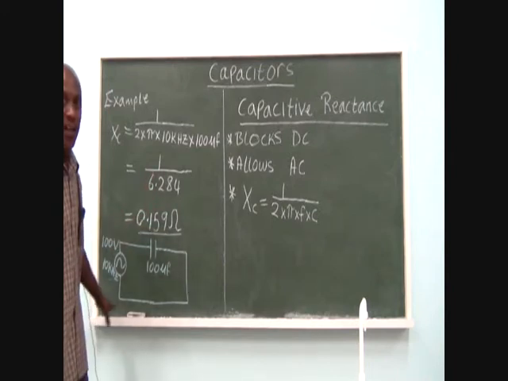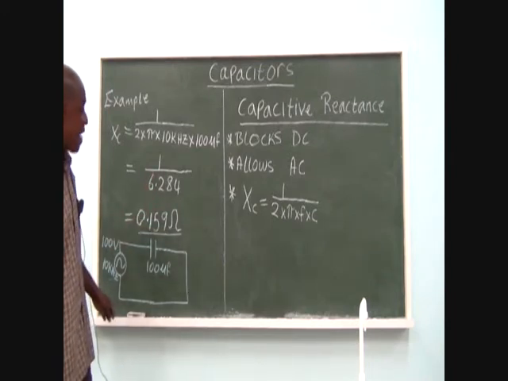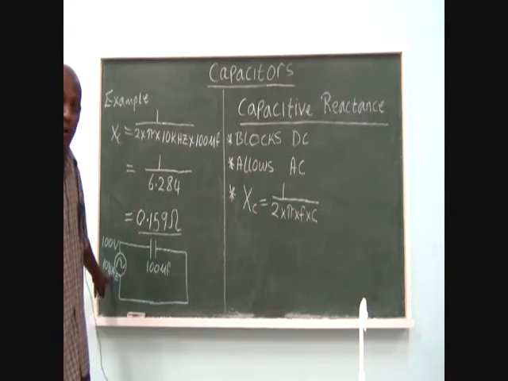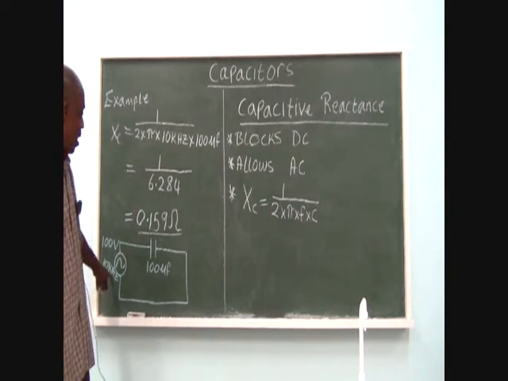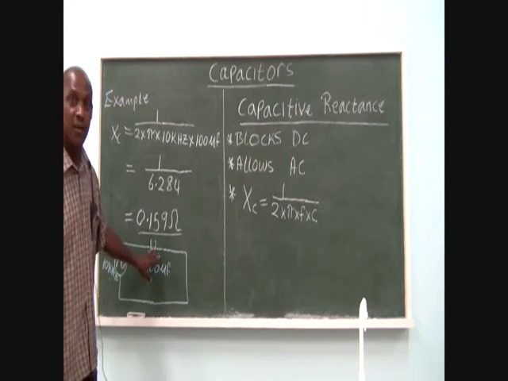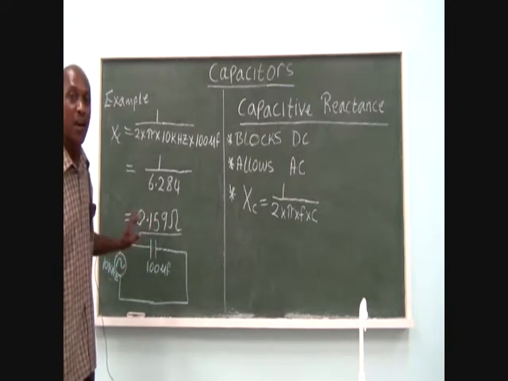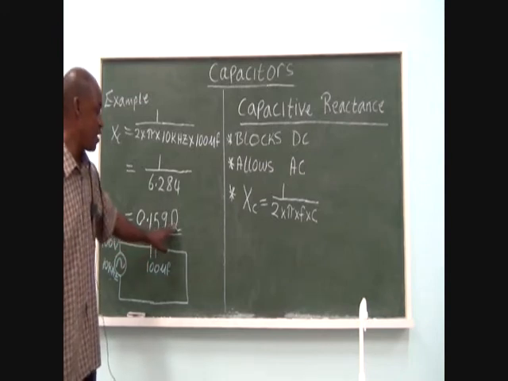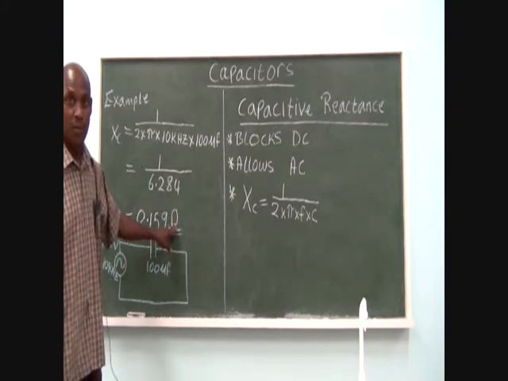What this is saying to us is that at this frequency of 10 kilohertz, the capacitor will put up an opposition that is equivalent to 0.159 ohms.